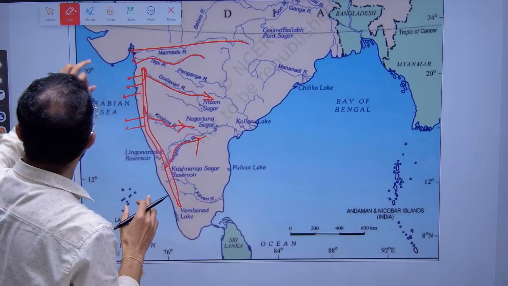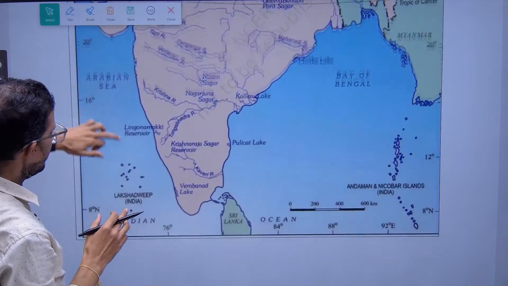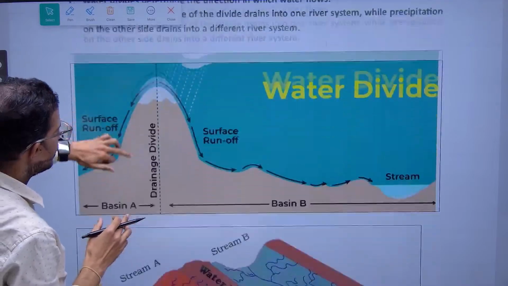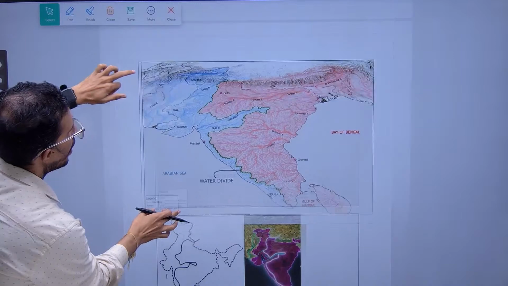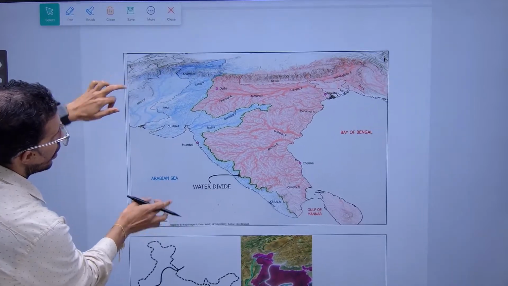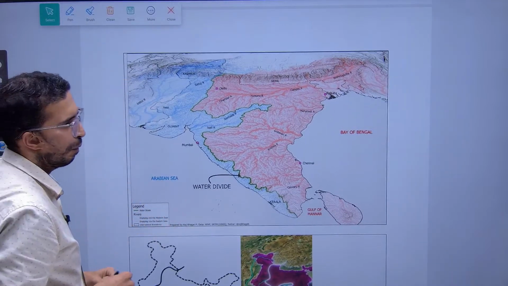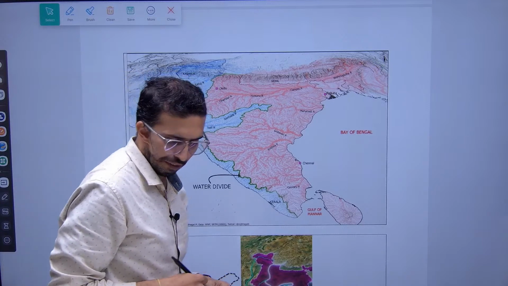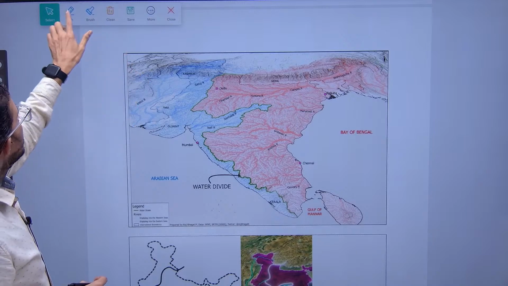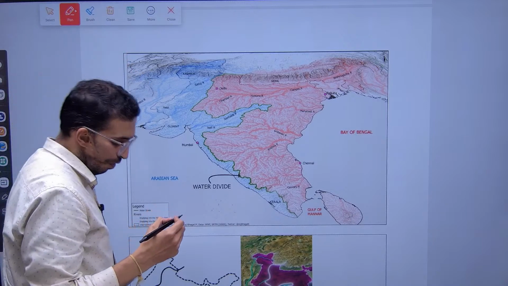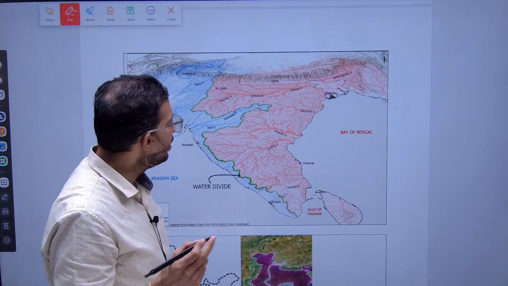So if you see the water divide of India, this is a 3D diagram where you can understand very easily.